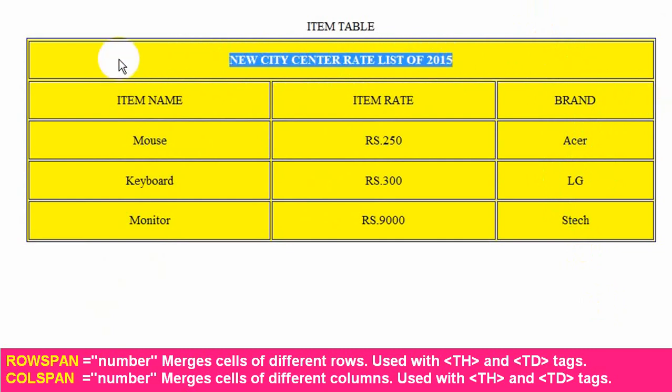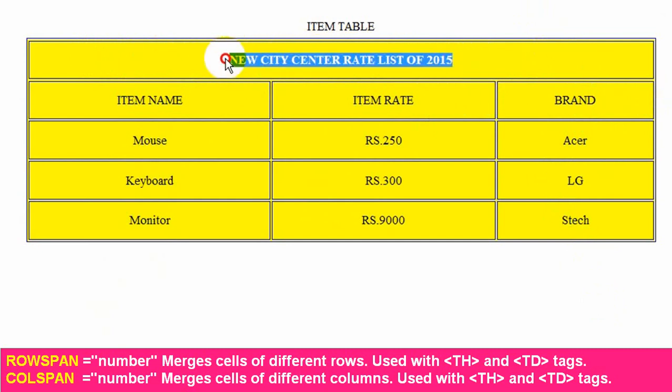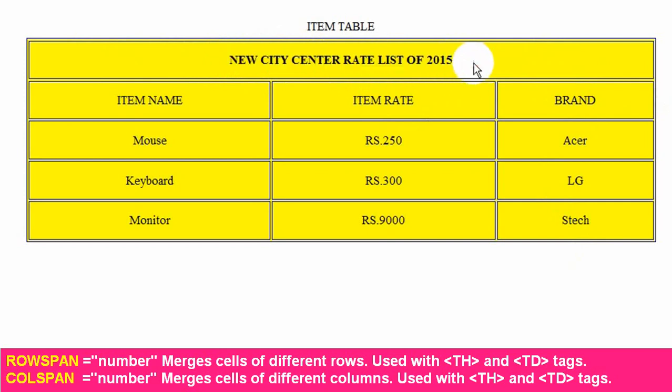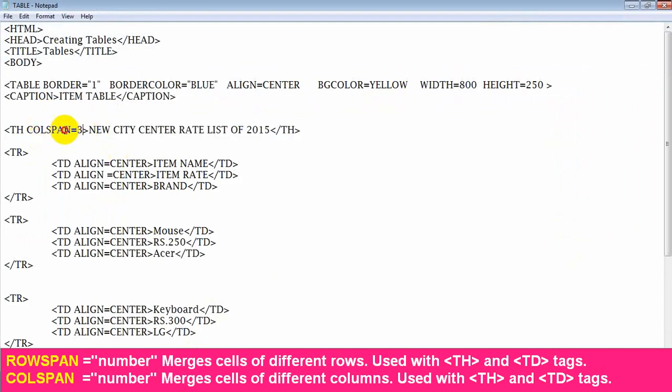See, these 3 cells of a row have been merged and changed into a single cell, and the title New City Center red list of 2015 has been written. Like this, you can use the colspan tool. Colspan is used to merge columns.